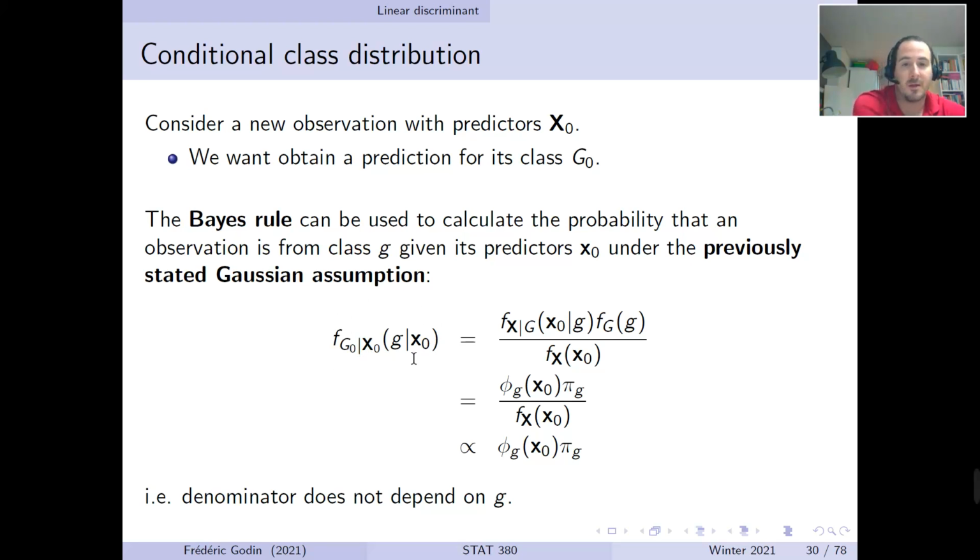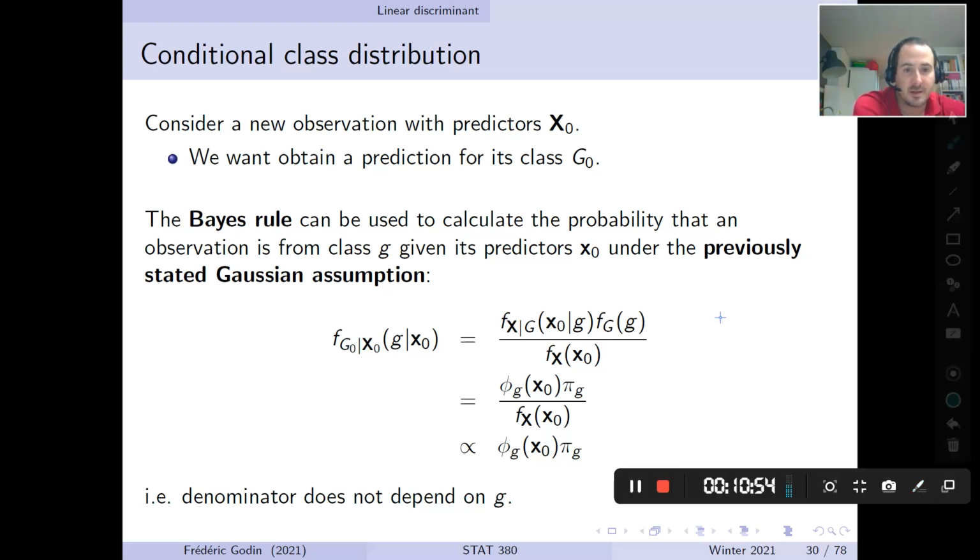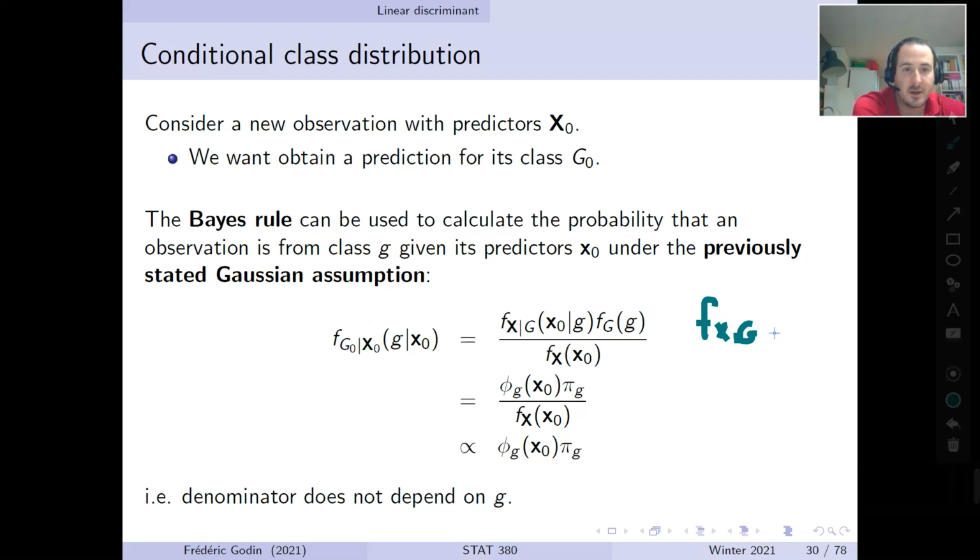If we apply the Bayes rule, the distribution of G given X0 for a given class g is equal to the joint distribution of X and G on the top, which is equal to f of x given g times f of g.